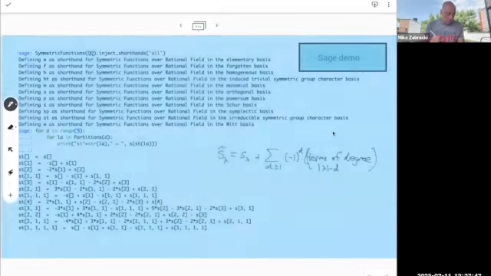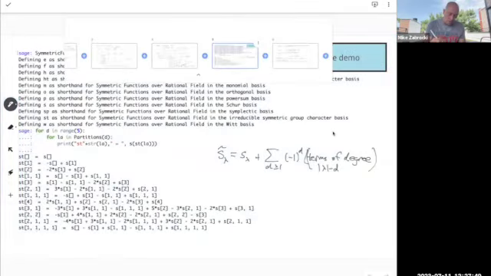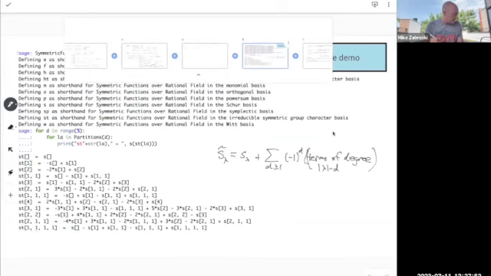So this is what's going to get us our combinatorial interpretation in the end. So I kind of need that result.